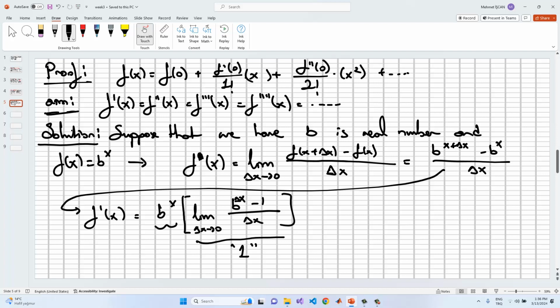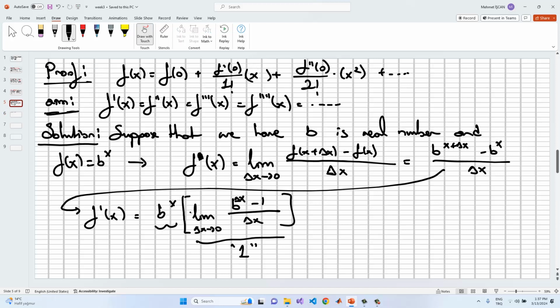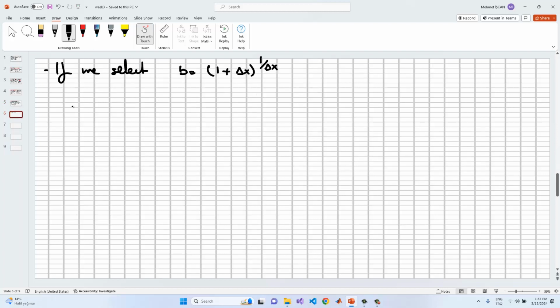So if we select this formation, b is equal to (1 plus delta x) to the power 1 over delta x, and then if we put this equation, where b is coming from in here, we can write it just like this one.